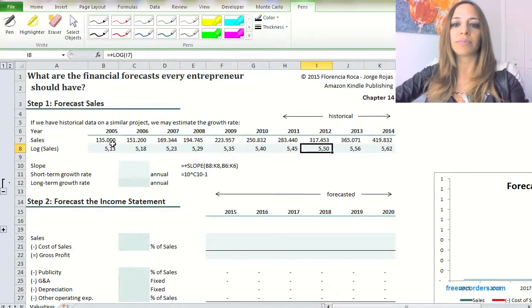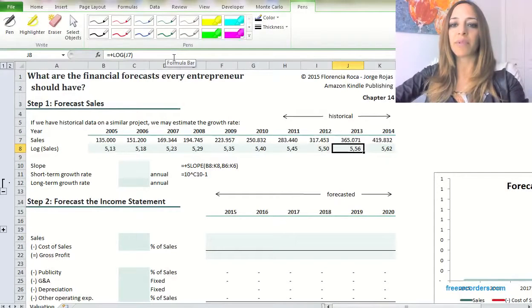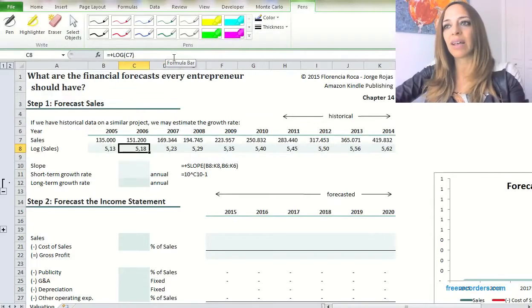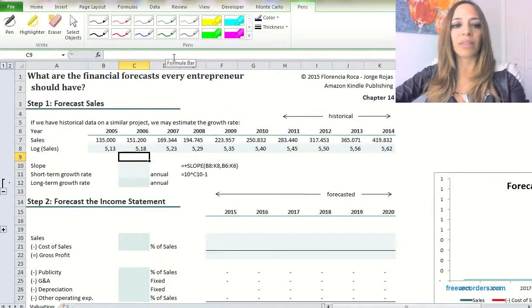For example, for 2013, the log of sales is 5.56. This is an exponent. It means that the base of the logarithm, which in this case is 10, to the power of 5.56 will result in the sales of 2013.